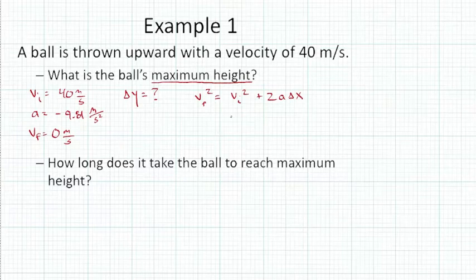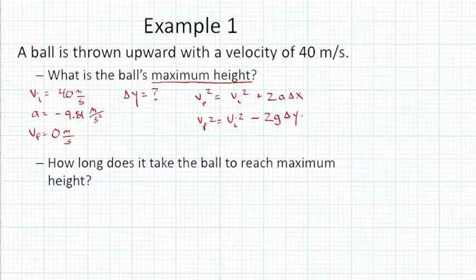Now, for our purposes, we're going to be changing it a little bit because our acceleration is negative, so that's all the same, but we're going to have minus 2g, or the negative 9.81 indicates the g there. And instead of delta x, we're going to be calling it delta y.